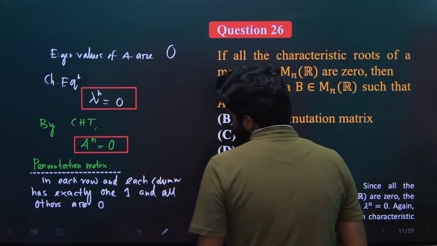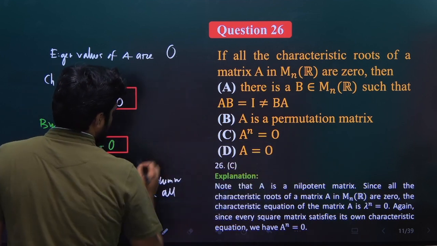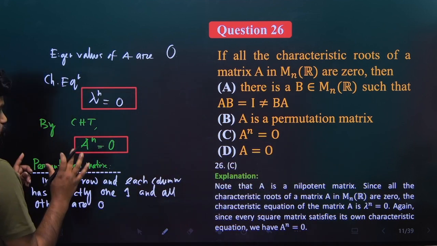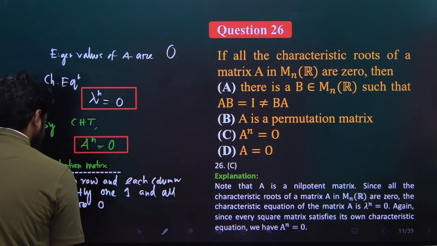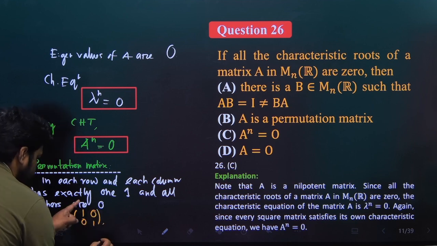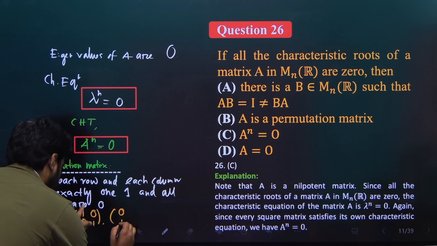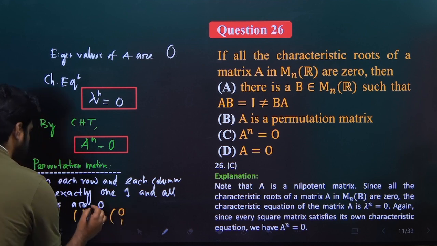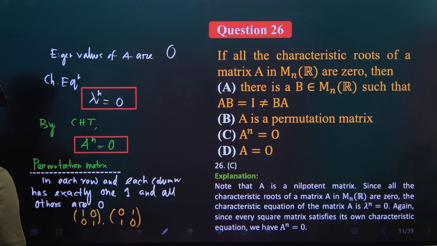Suppose this is a permutation matrix. For example, if we consider a 2 cross 2 matrix, then the permutation matrices are 1 0 0 1. Just permute this, interchange, rotate, and see: 0 1 1 0, right?